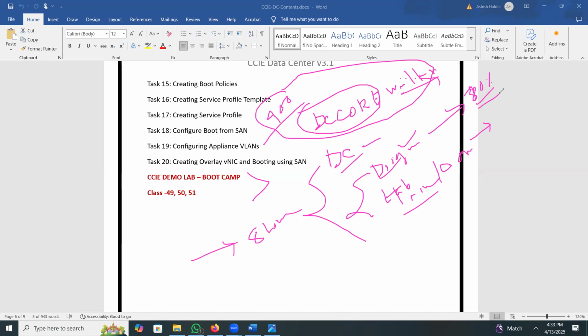But this is the requirement. And on the lab part you should get a minimum of 80%, for example. If on the design part you get 100% but on the lab part you get 70%, you will not pass. So you have to pass each section, both design and troubleshooting and configuration.